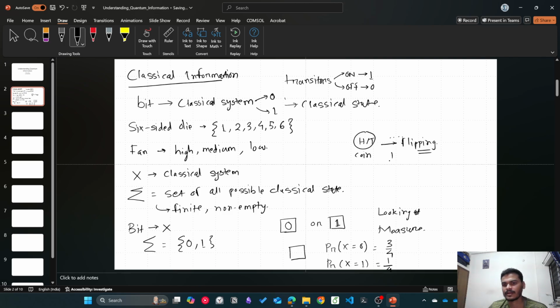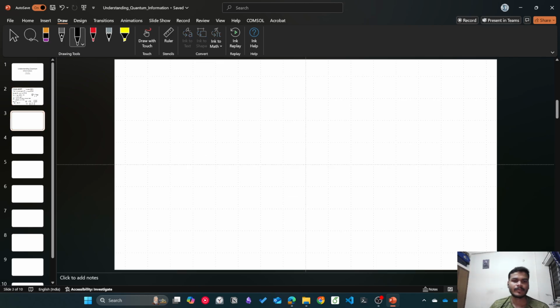If we do this tossing a large enough number of times, then we'll get 50% probability of the coin being head and 50% probability of the coin being tail. Similarly, it's a classical system and we can assign some probabilities if we do not know the state of the bit. We can represent this as a probabilistic state.